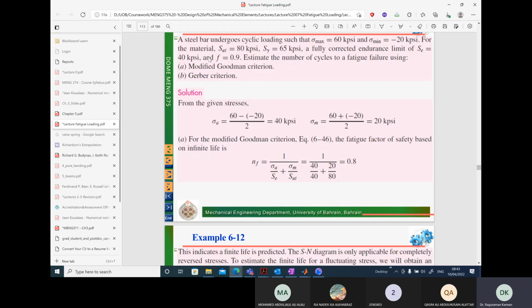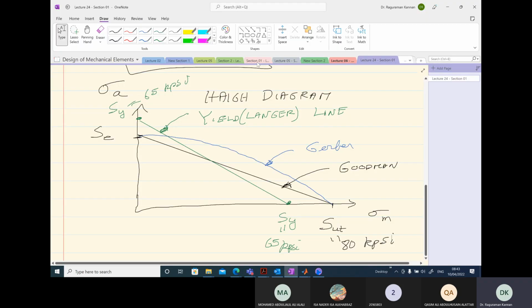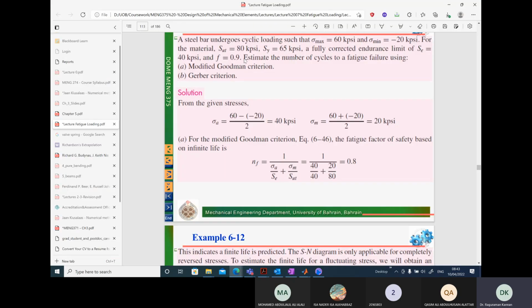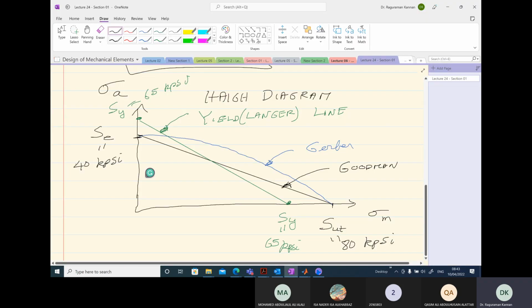Okay, then SE value is 40 kpsi. So this much is there. We already identified sigma A and M, 40 and 20.